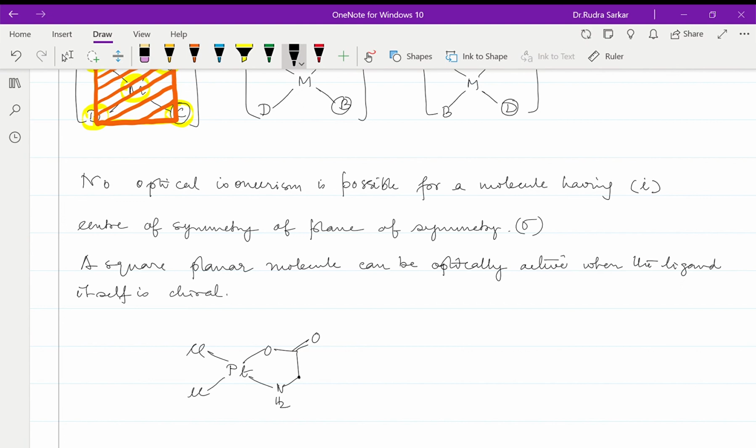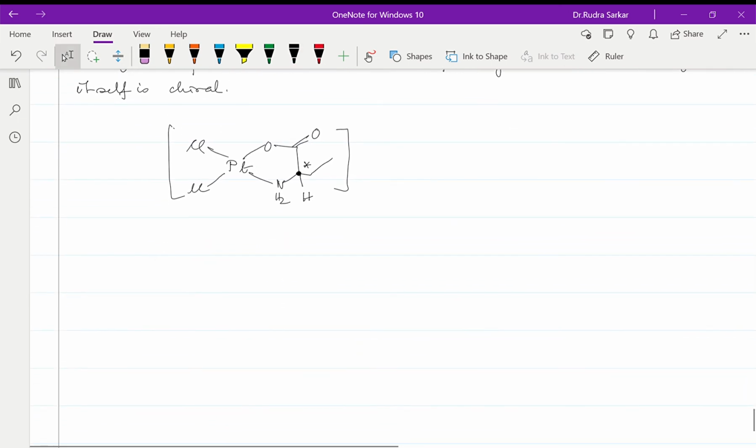If this center is an asymmetric center, why is it an asymmetric center? Because it has four different atoms joined to it, then this particular square planar molecule will be optically active. Again I am saying it is optically active because this particular carbon is chiral or asymmetric.